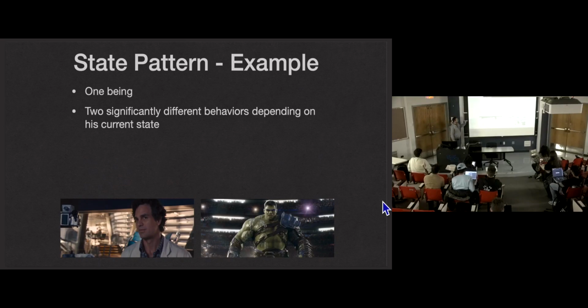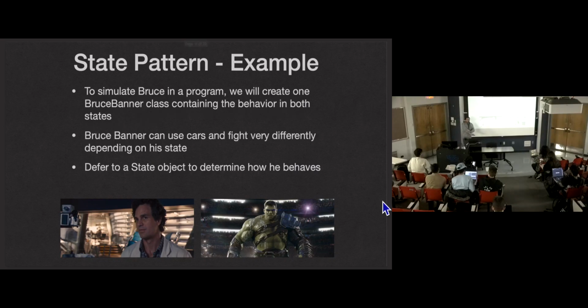So we're going to say this is Bruce Banner, who can either be in the Dr. Banner state or the Hulk state. Very, very different behavior, not just something where we would change the value of a few variables, but completely different behavior depending on his current state. So let's simulate this.